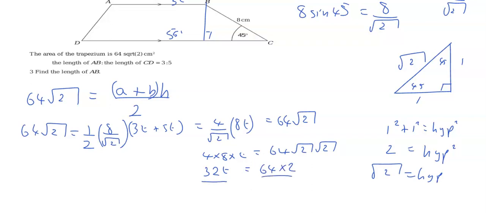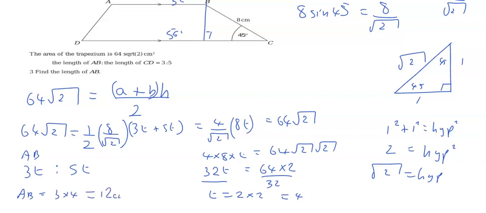I can divide both sides by 32, and I get t equals 2 times 2, which is 4. So I add 3t to 5t. This is the one I wanted, AB. So AB is 3 times 4, which is 12 centimeters.